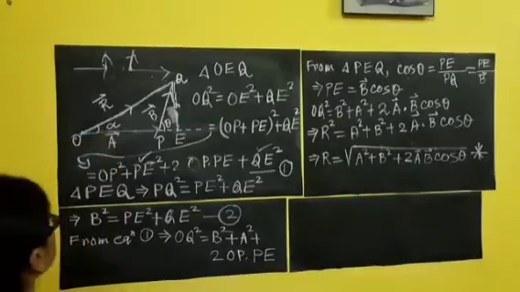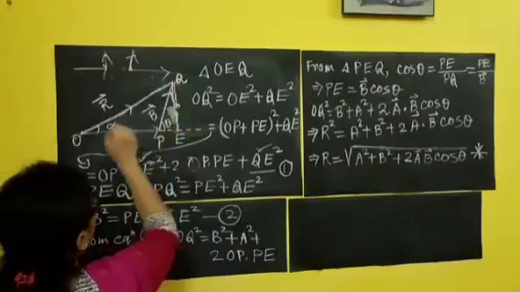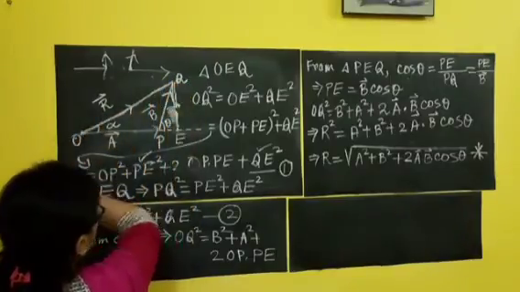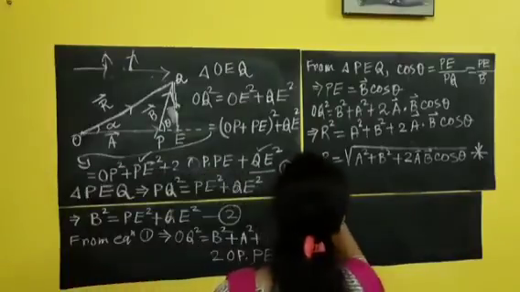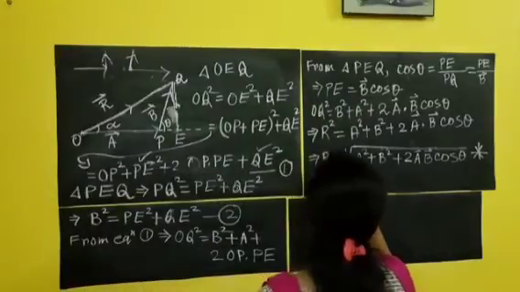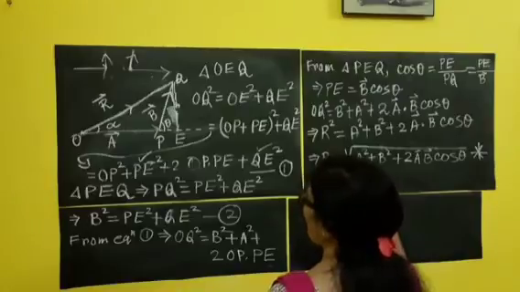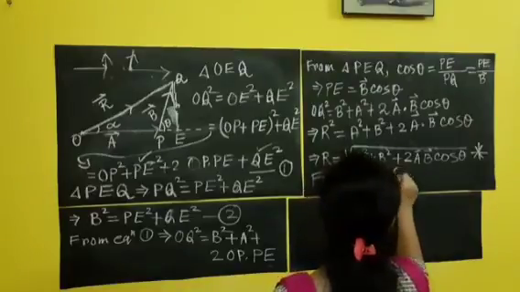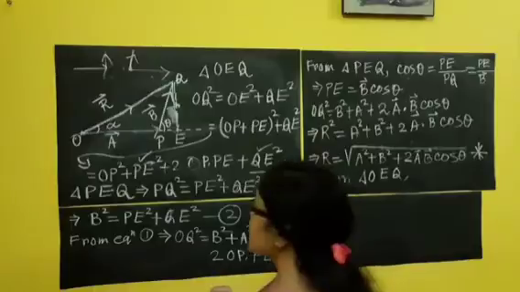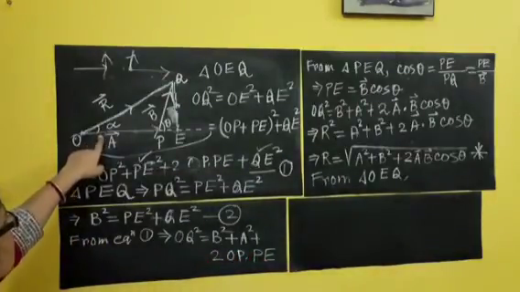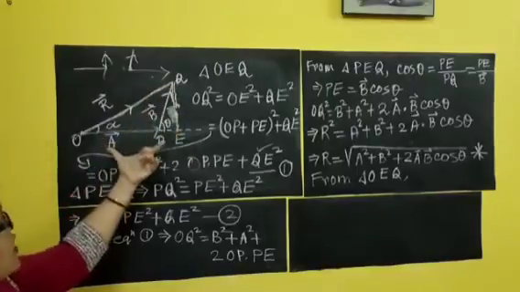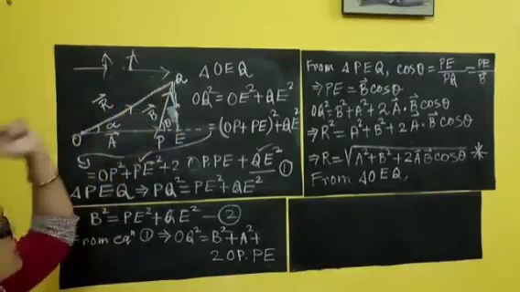So let's take the large right angle triangle. Again from triangle OEQ, what can I write? If this angle is alpha, what will be tan alpha? Tan alpha means perpendicular by base. Who is the perpendicular? QE is the perpendicular.